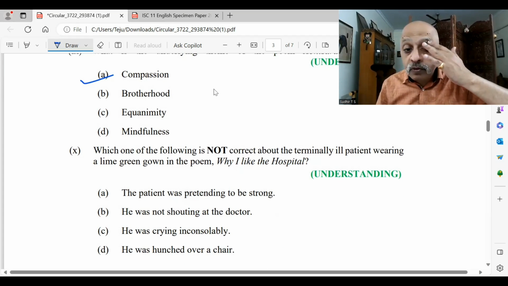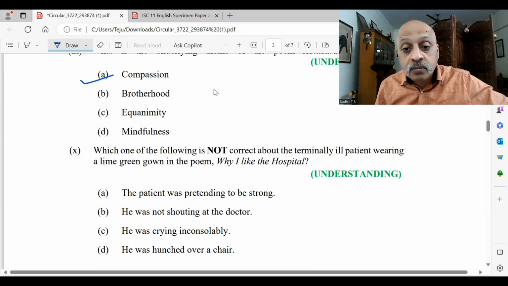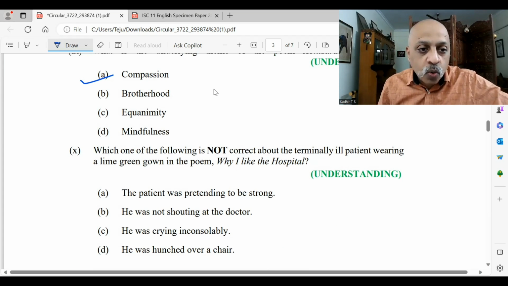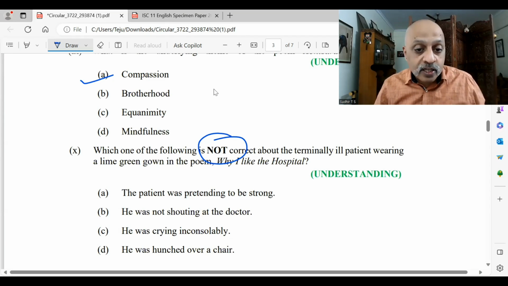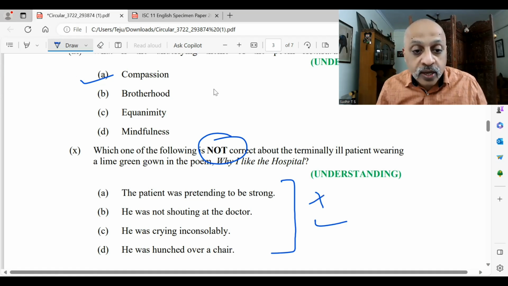The last one, which one of the following is not correct about the terminally ill patient wearing a lime green gown in the poem Why I Like the Hospital? This is an understanding related question. So यहाँ पर आपको नॉट पर ध्यान देना है. इसमें से 3 ऑप्शंस हैं जो कि सही हैं, एक ऑप्शन है जो कि गलत है. तो which of the 3 is correct? तो यहाँ पर अगर नॉट होगा तो don't get confused.